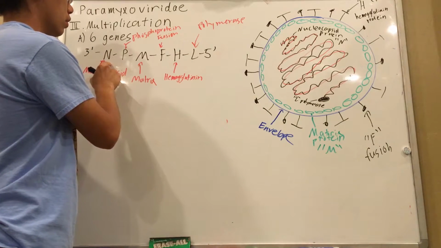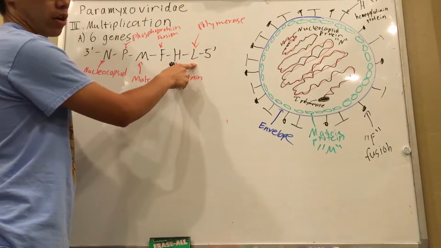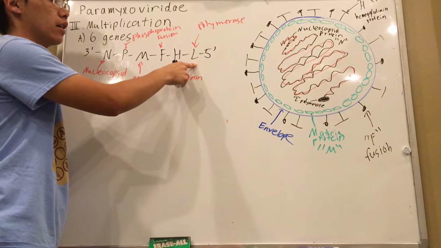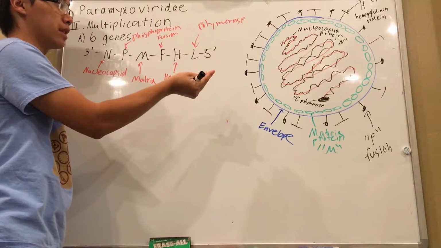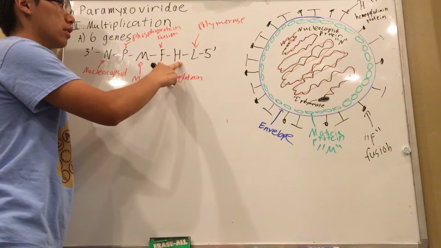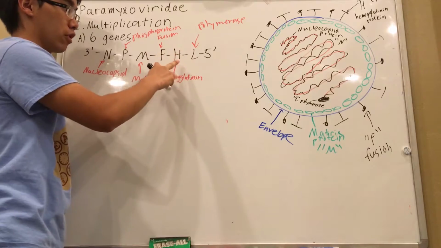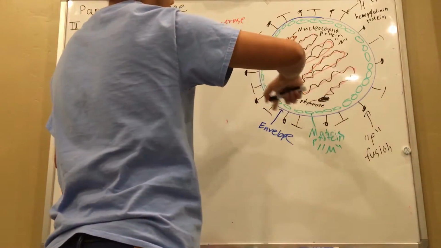You have N. L is a virion associated polymerase, so that was going to be found in your virion capsid. These two are also on your virion itself, so you can just see from this picture right here.